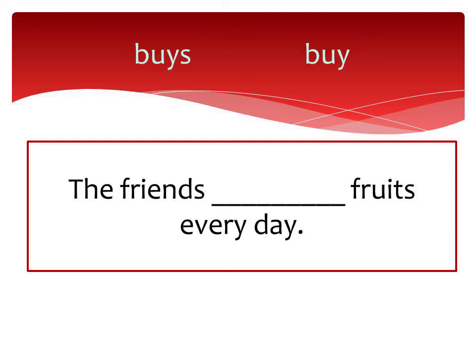The friends buys or buy fruits every day. The subject is the friends. It's plural, so the verb should be in plural form. Buy. The friends buy fruits every day.